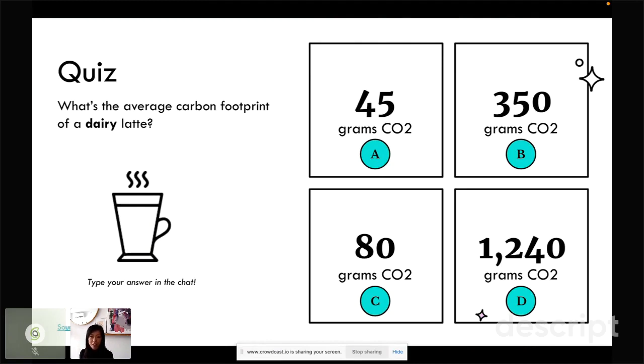So people think that a dairy latte can be pretty close to a serving of chicken as well. Now I'm going to give you the answer. The answer is 350 grams of CO2. So it's not as much as a serving of chicken, but it's definitely higher than an apple.